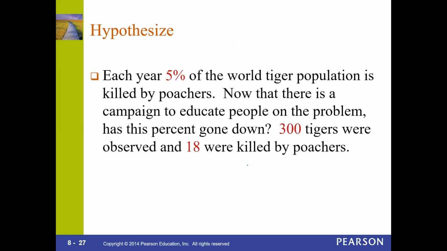So this one says each year, 5% of the world tiger population is killed by poachers. Now there's a campaign to educate people on the problem. Has this percentage gone down? 200 tigers were observed and 18 were killed by poachers. So this one says 5% of the whole tiger population is killed.